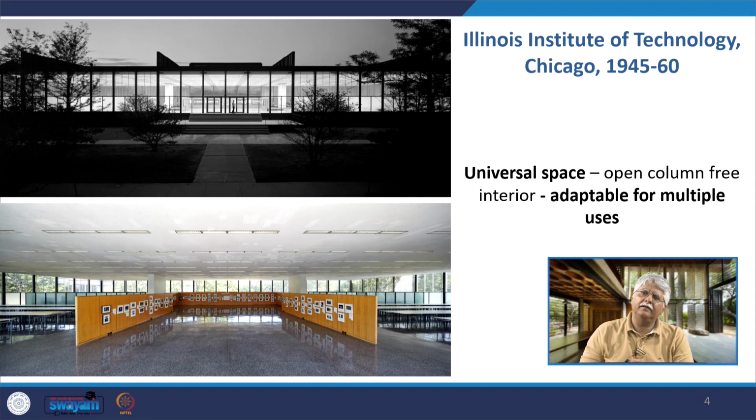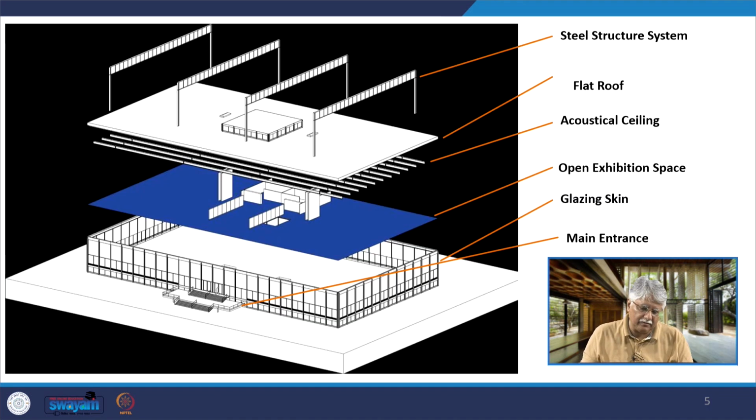Then we looked at the IIT Illinois campus, we specifically talked about the Crown Hall and the definition of universal space, an open column-free interior that is adaptable for multiple uses. Now when we just have a glimpse of the Crown Hall again, it is basically a set of different parts put together.